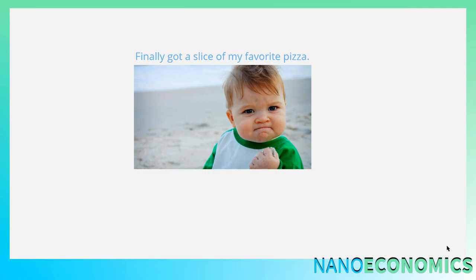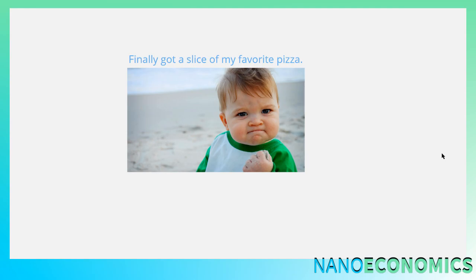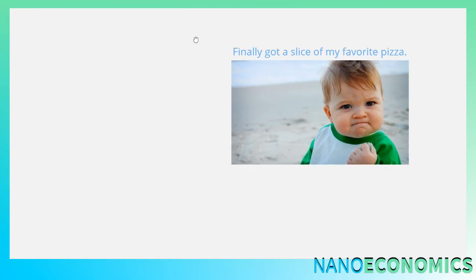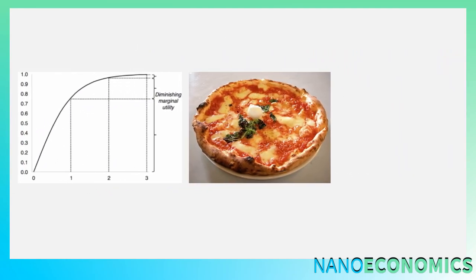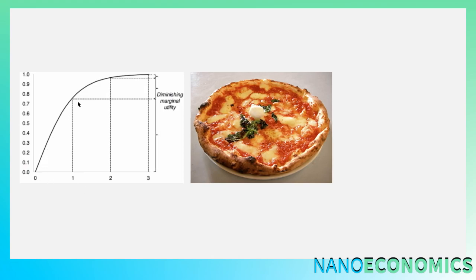That first slice of pizza is so perfect for what you were going after, and so that represents, like in that diminishing marginal utility graph from earlier, we've got like 75% of our happiness coming from slice number one. And then as we continue on eating, we're very happy here.